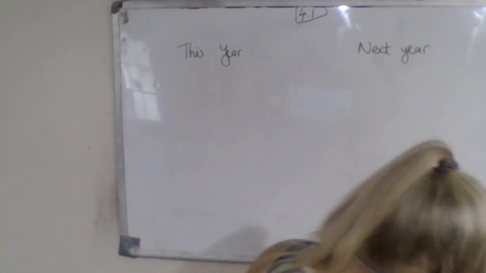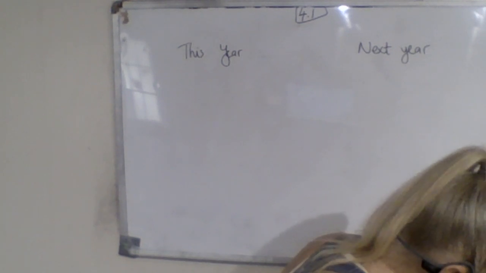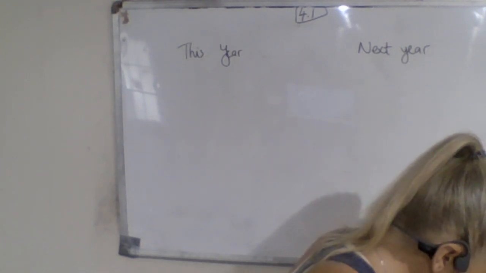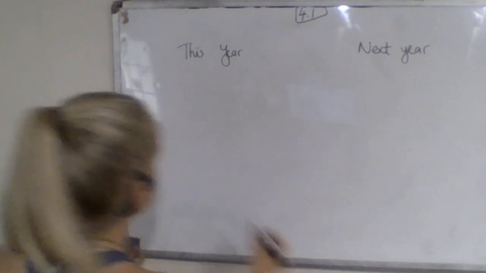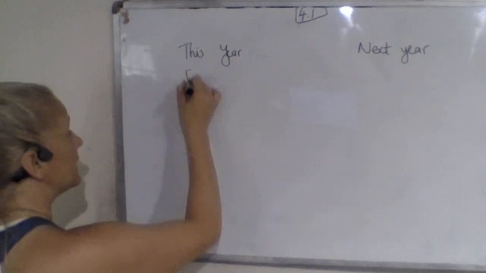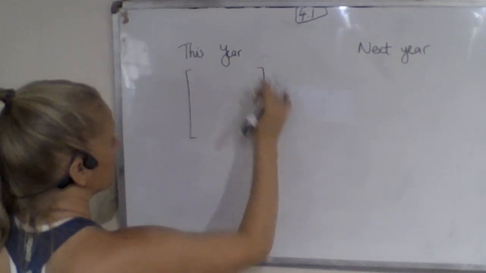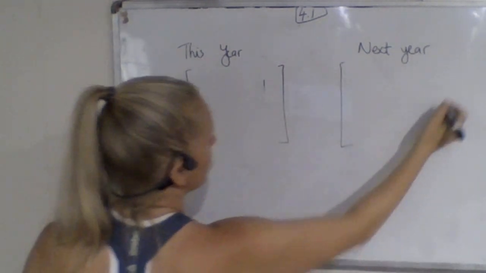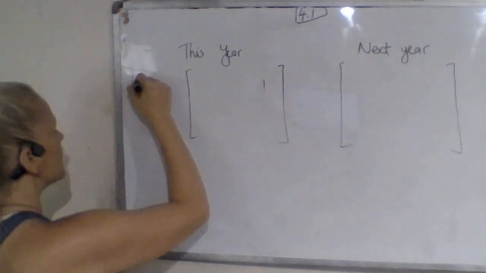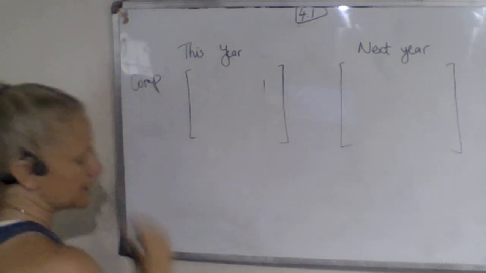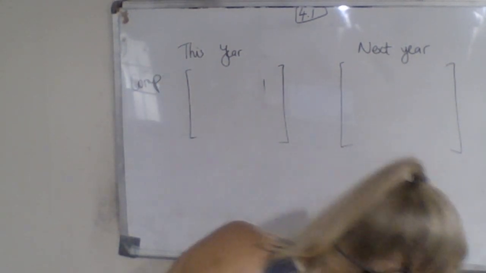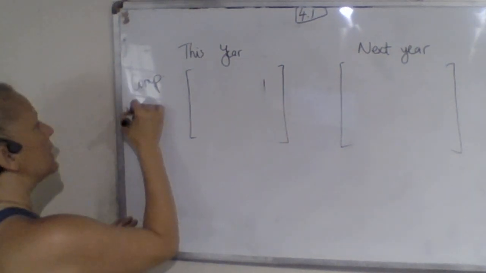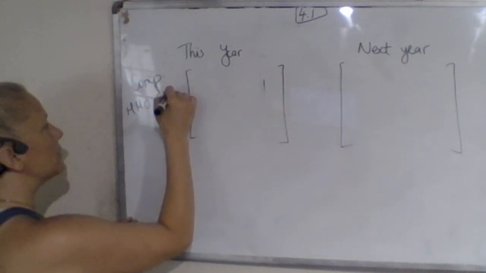The next thing we know, we're talking about healthcare. We have 3 types of healthcare plans, and I'm going to be very lazy and write it small. Comprehensive. The next one is HMO standard.